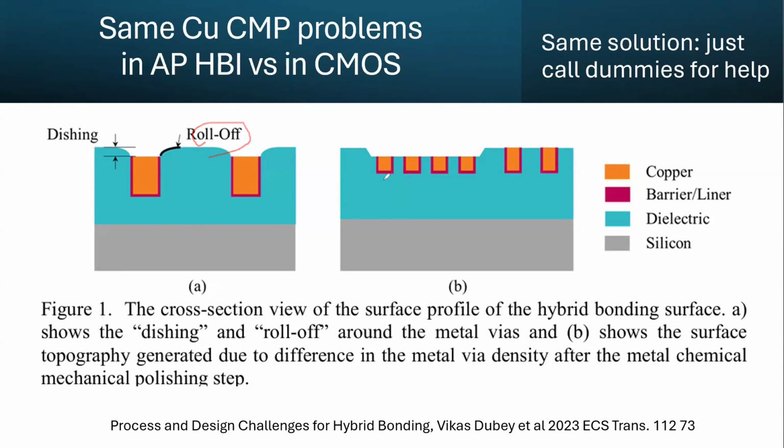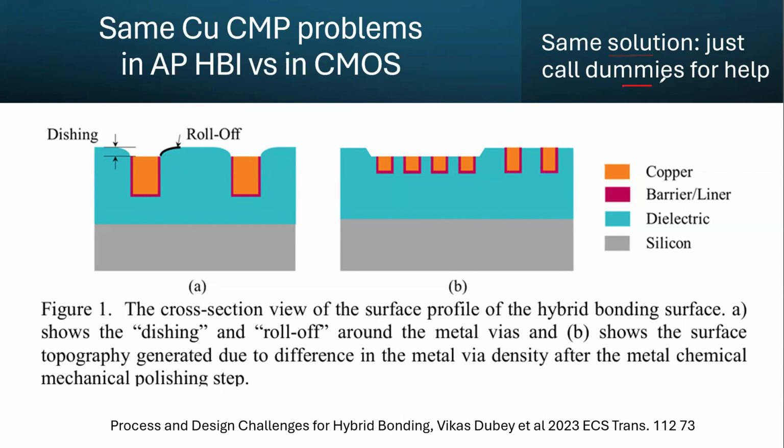Here's a roll off, right? The dishing problem is in the select area, and erosion is here. This is because of different density, and about different materials. So they have the same problem, similar problem as regular copper, and it's the same solution.